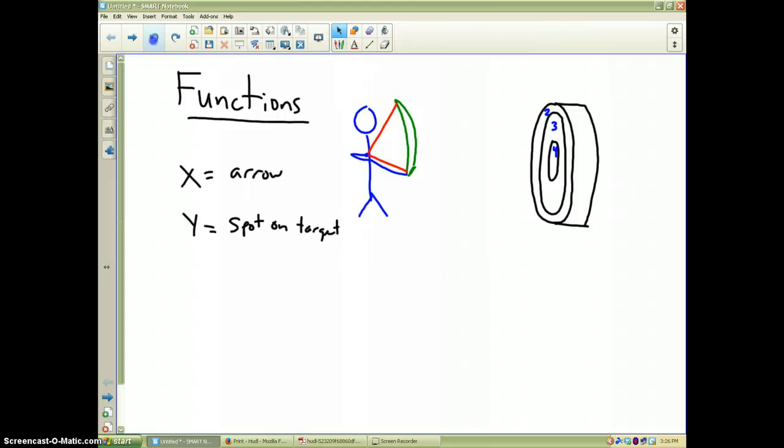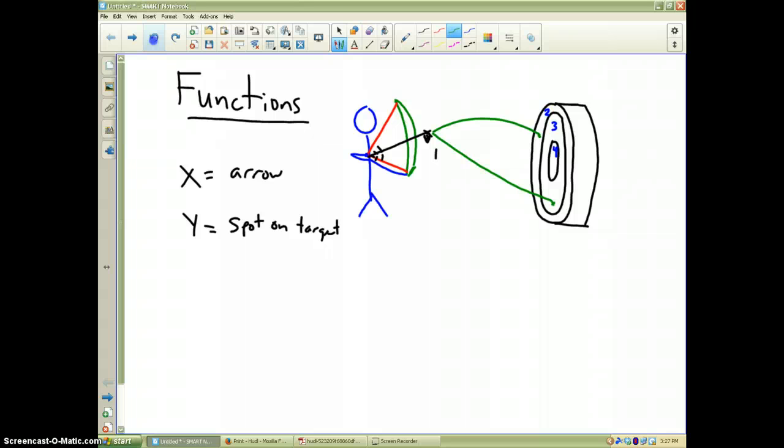Same thing. Now, here's my question to you. Is it possible for our archer to shoot a black arrow, and let's say it's got an x value of 1? Is it possible for this arrow to land on the target there and at the same time land there?